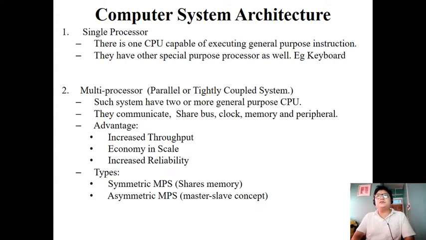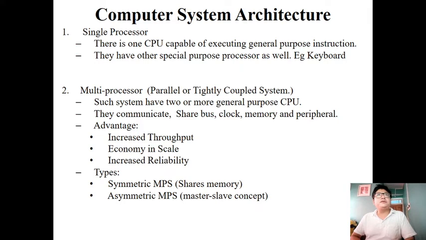A single processor system has a limitation that it can execute only one instruction at a time. Whereas a multiprocessor system, as the name suggests, has more than one CPU and it can execute more than one task at a time, based on the number of processors available in the computer system.